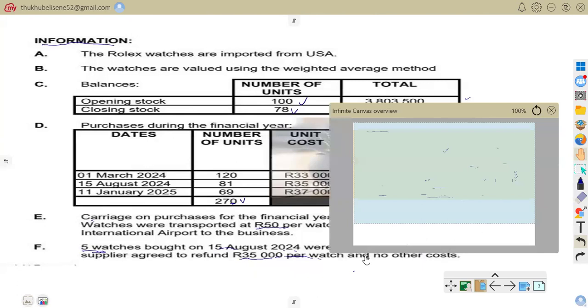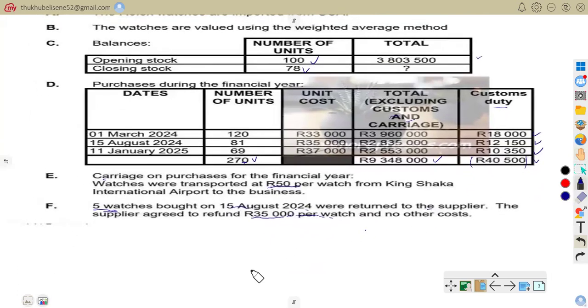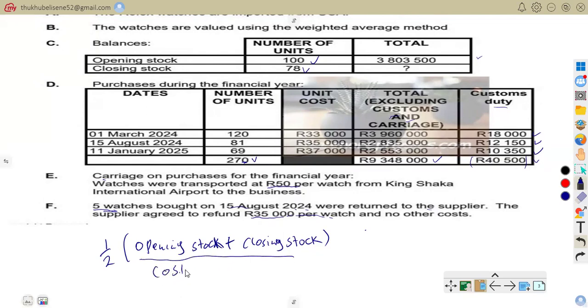For us to calculate the stock holding period, there is a formula for it: half of our opening stock plus closing stock, then we close the bracket, divided by cost of sales, multiplied by 365 days, 365 over 1.